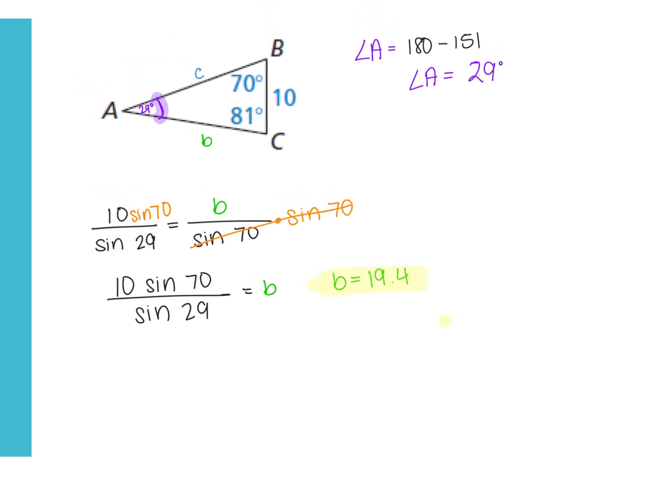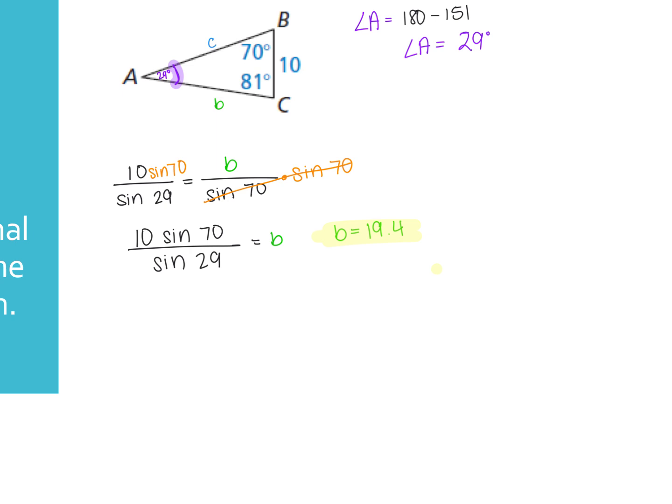Looking at side C, I'm still using my 10 over sine 29, and that's equal to C over sine angle C. So that's sine 81.